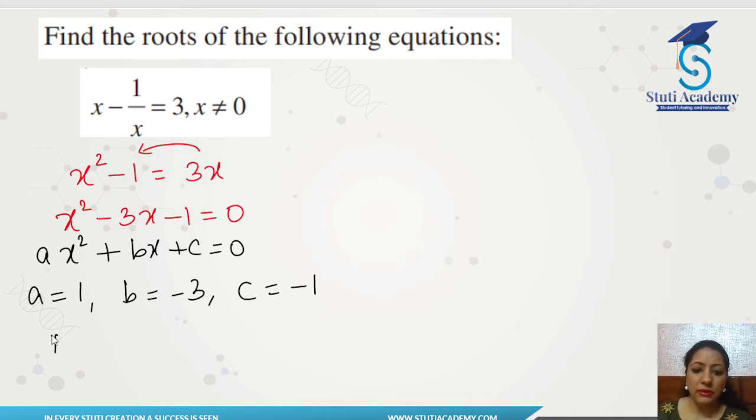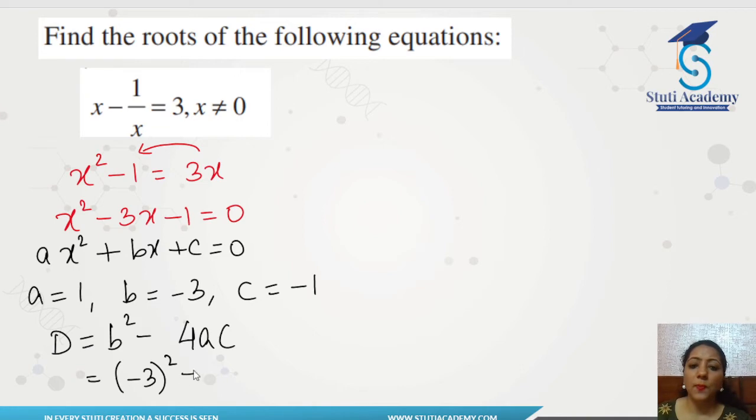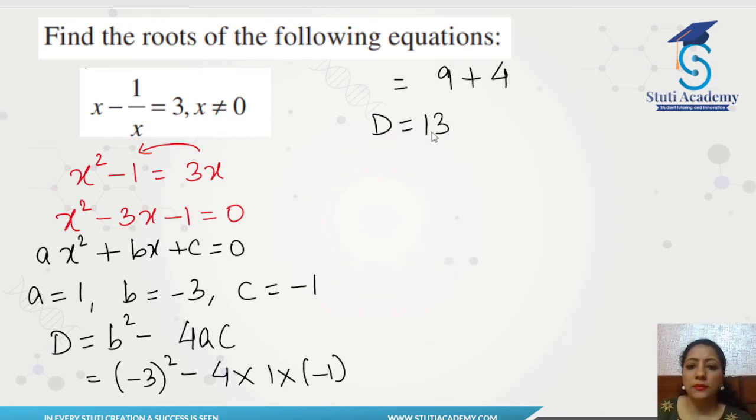So we have d is equal to b square minus 4ac, that is minus 3 square minus 4 into a. A here is 1 and c is minus 1. So this is going to give us how much? 9, and 4 into 1 into minus 1 will give us plus 4. So here the discriminant is 13.